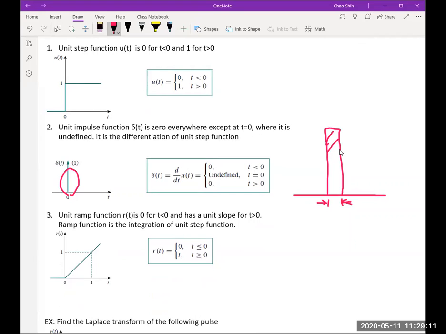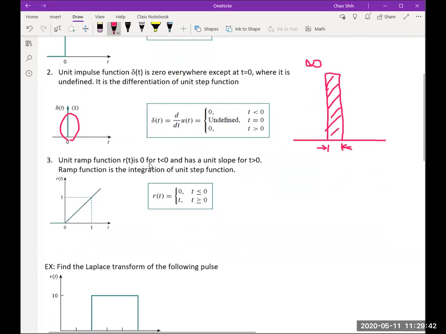And if that's a unit impulse, the amplitude goes to almost infinity. But if you count the area, the small change of time with the amplitude going to infinity, the area under this is equal to 1. So that's what the impulse function is.